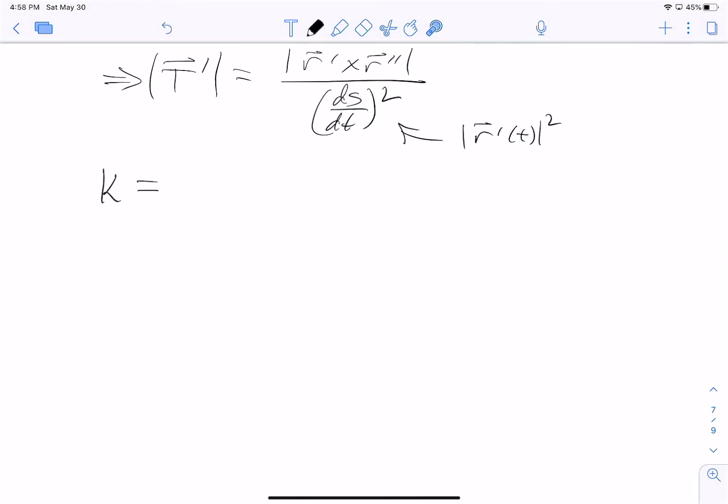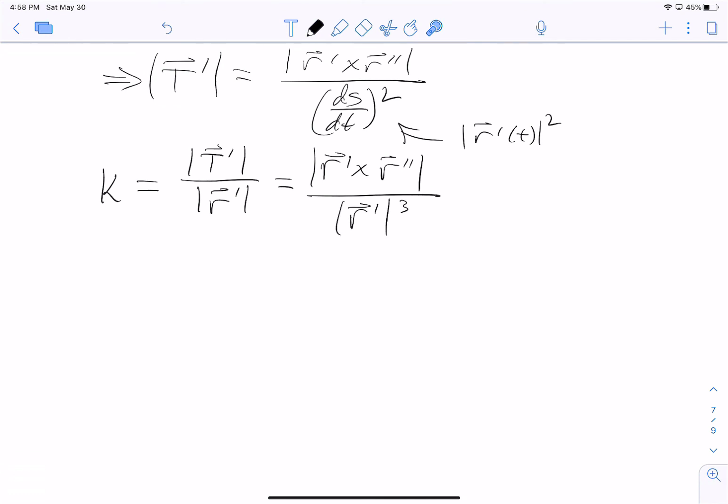So still dropping the argument t, kappa, which we said was equal to the magnitude of T prime divided by the magnitude of r prime, then becomes, based on what we just discovered, the magnitude of r prime cross r double prime divided by the magnitude of r prime cubed. And that gives us expression 2.